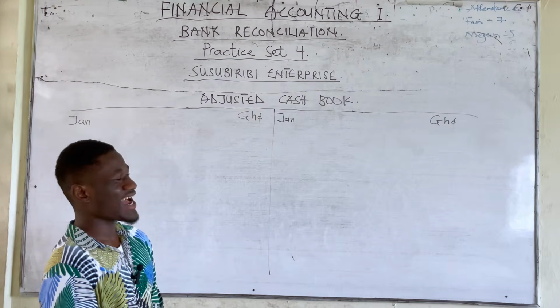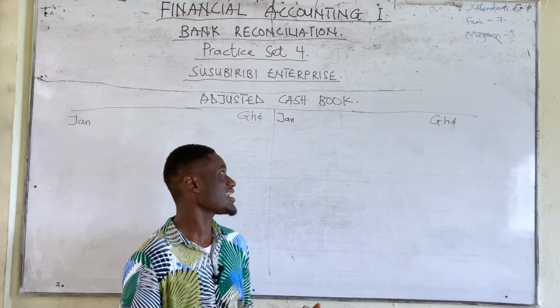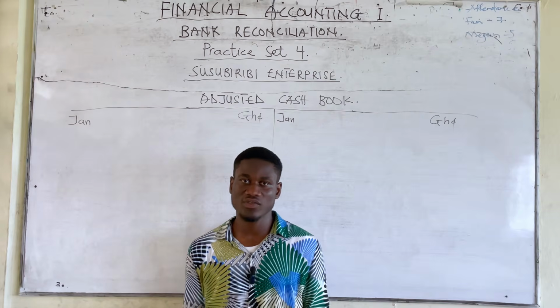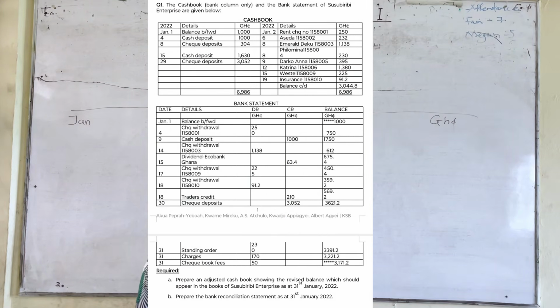Today we are going to look at an example question under bank reconciliation. Good. So we have the question on our screens. We are going to see how to go about it.